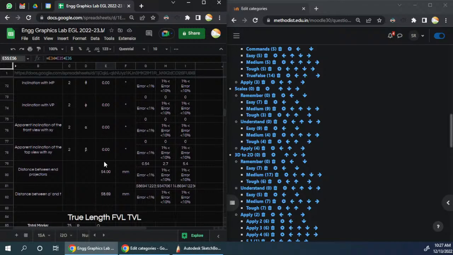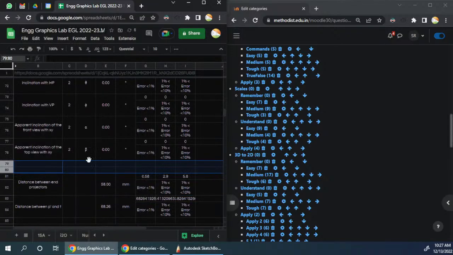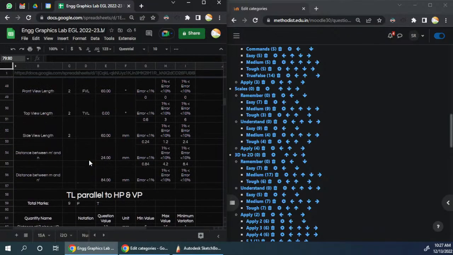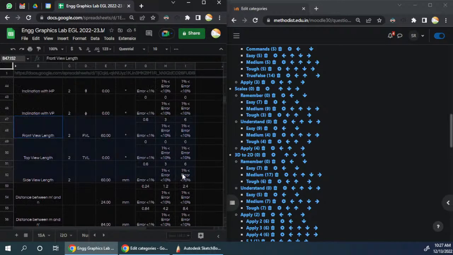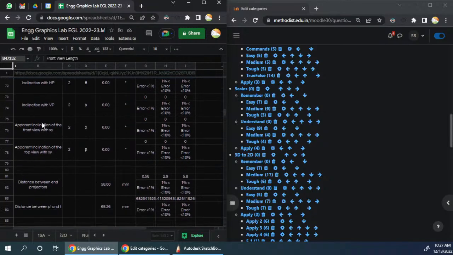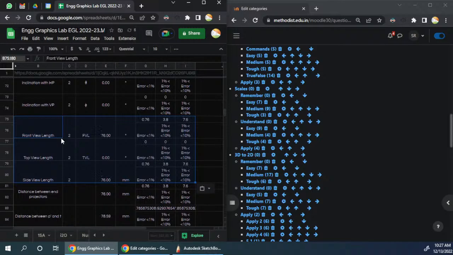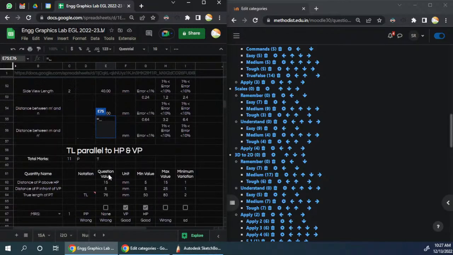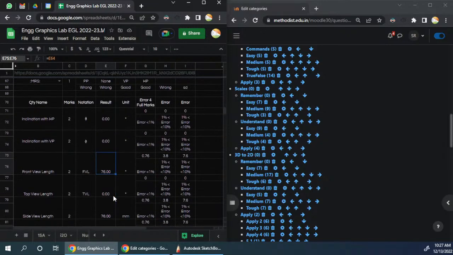Again, here, I guess, apparent. And the projectors are needed, of course. Front view length is going to measure the same as the true length.